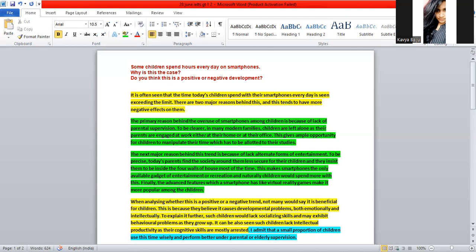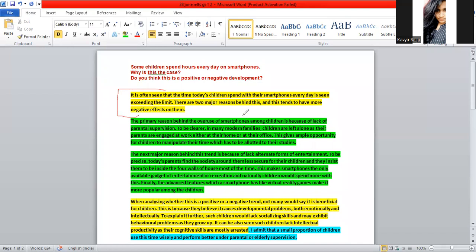Now, let's see the introduction of this particular essay. It is often seen that the time today's children spend with their smartphones every day is seen exceeding the limit.